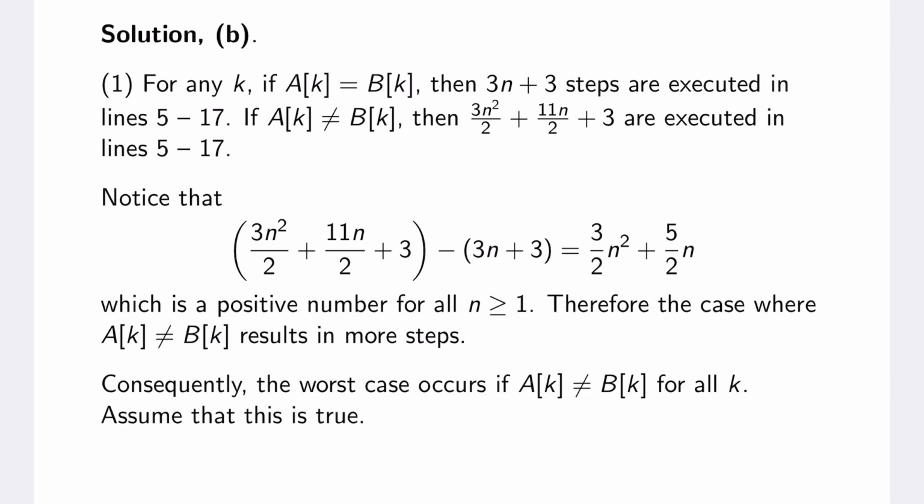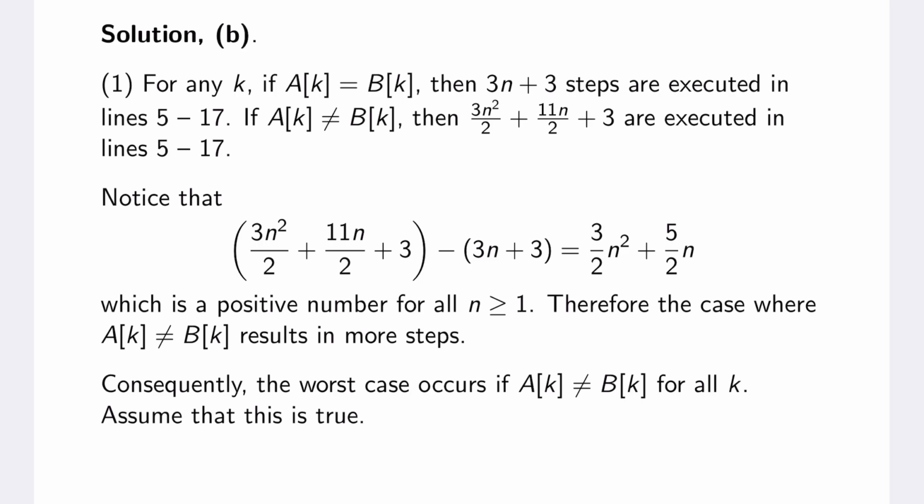Okay, so we have that in the if-else block. Then if ak equals bk, we have this polynomial number of steps. And if it doesn't, we have this polynomial number of steps. This opens up a really deep discussion about comparing functions.